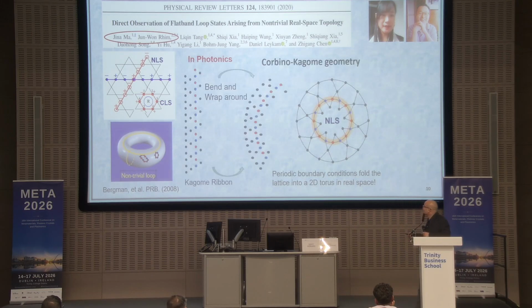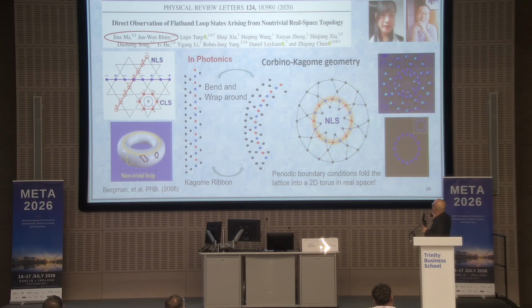So we came up with the idea of using a Kagome lattice, a Kagome ribbon, and wrapping it around to create such a structure. This structure satisfies the boundary condition, called the continuous boundary condition, in this azimuthal direction.